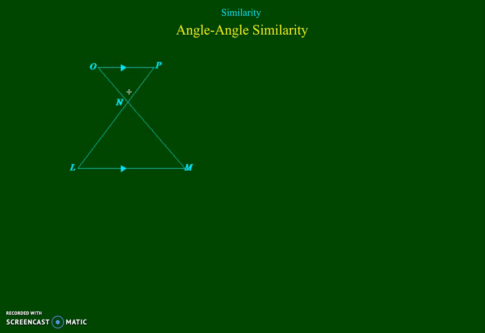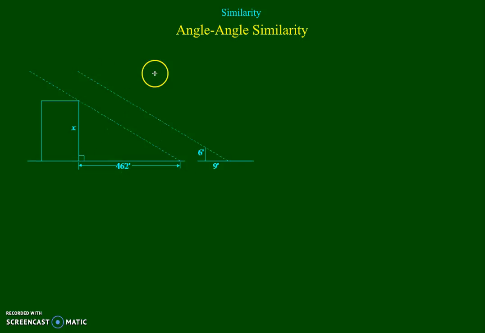Let's try one more example. In this example, we have a representation of a building and a 6-foot pole. And these are rays of sunlight coming from the sun, and because of the distance from Earth to the sun, these rays are considered parallel. So these two lines are parallel, and we have created two separate triangles here.